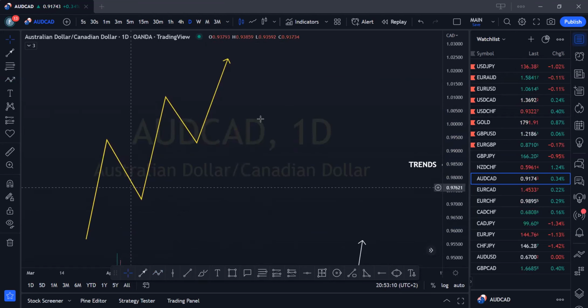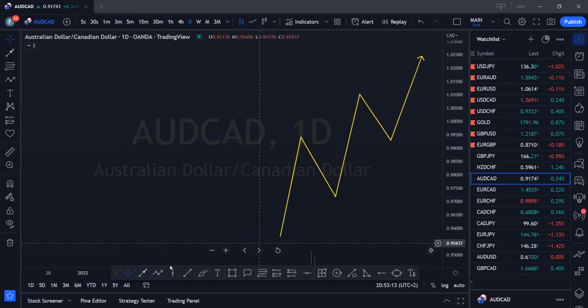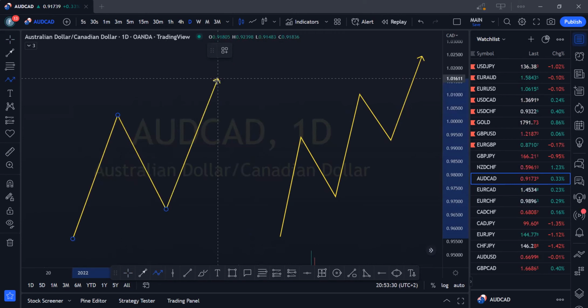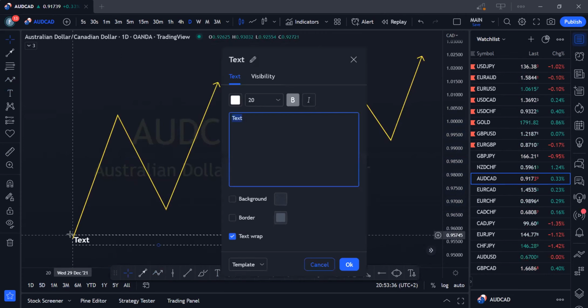So let's label some things real quick. How does a standard uptrend look? It looks like this. The first move is called the impulse move. The second move to the downside is called the correction. And then the last move is called impulse. So a trend is made up of an impulse move.